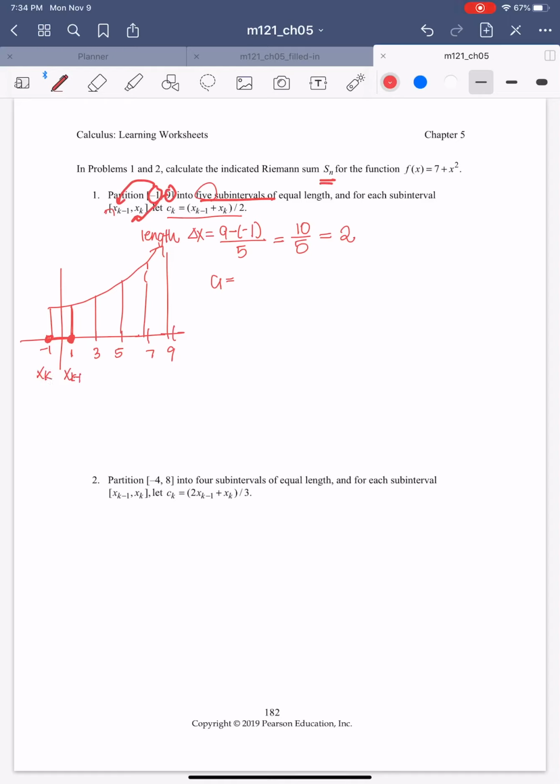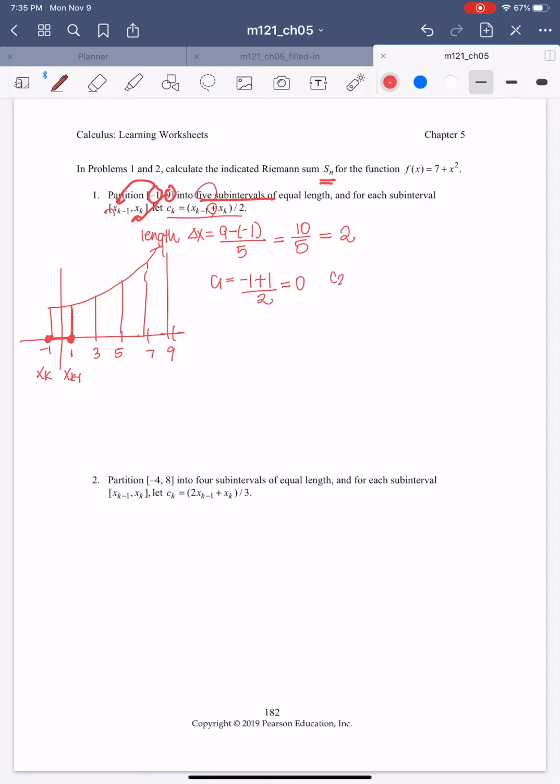So your C sub 1, the first one, will be -1 plus 1 divided by 2. Okay, now technically you can do 1 plus -1 as well. Addition is commutative, so you can either add -1 plus 1 or 1 plus -1. It will give you same, so this will be equal to 0 over 2, 0.